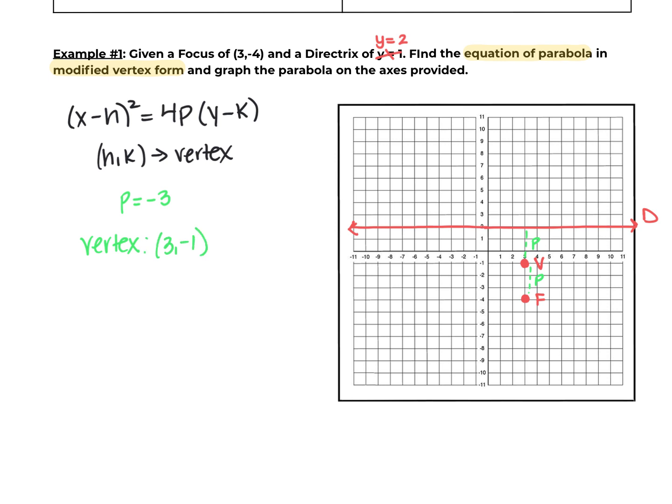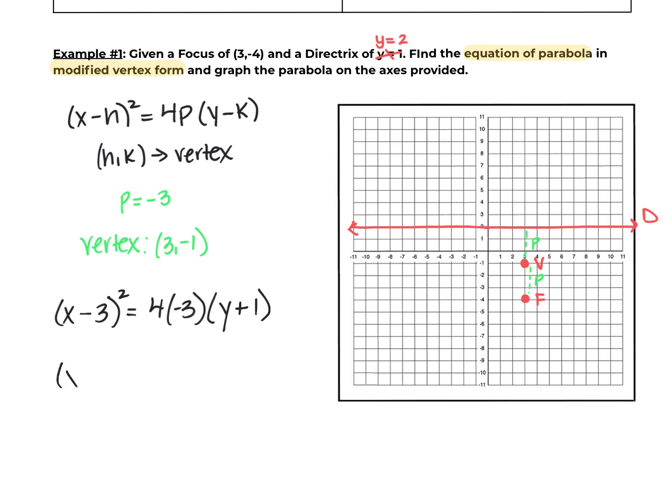So now we can go ahead and write our equation. x minus h, well, remember we have to switch the sign. If the vertex is a positive 3, we're going to put it into the equation as a negative 3. Then we have 4p, where p is negative 3, and y. Since our vertex y value is negative 1, we're going to switch the sign and make it a plus 1.